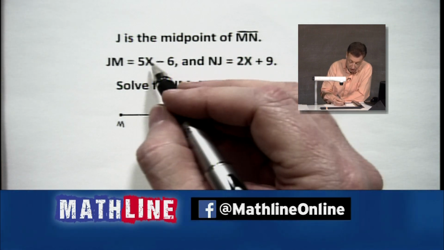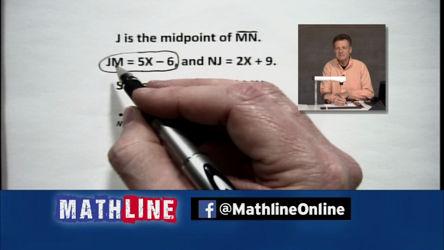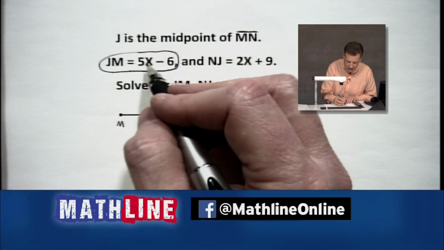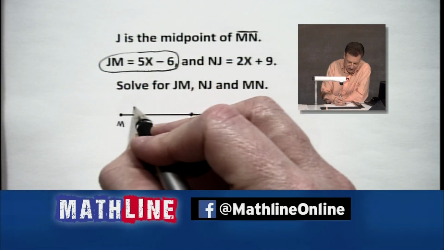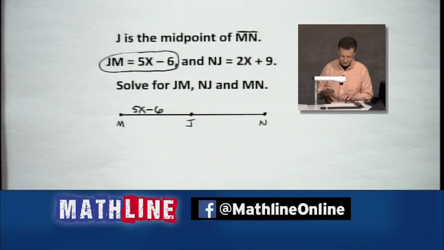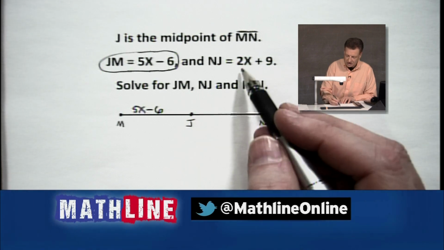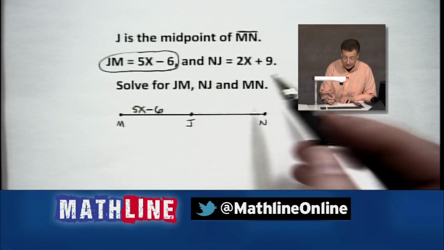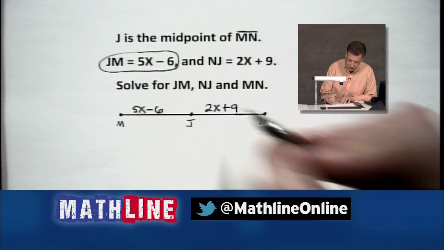Now, what do we know? We know JM, by the way, without that bar, that means the length, all right? So the length of JM, in case you were wondering over and over here, it's now a great time for me to finally explain it, I know. But that's our length. So let's put a 5x minus 6 there. And according to this, from J to N, or N to J, however you want to look at it, it's going to be this value of 2x plus 9.